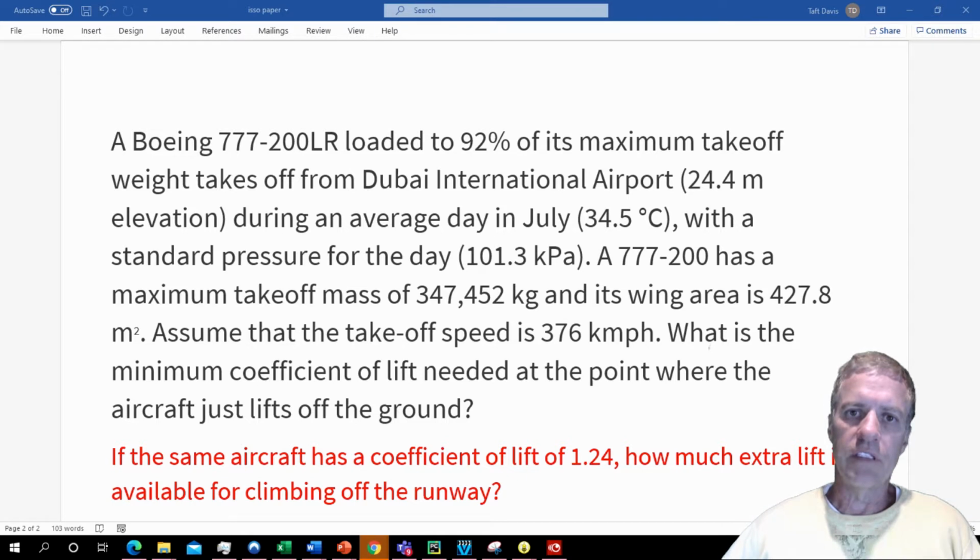All right. If the same aircraft has a coefficient of lift of 1.24, how much extra lift is available for climbing off the runway?